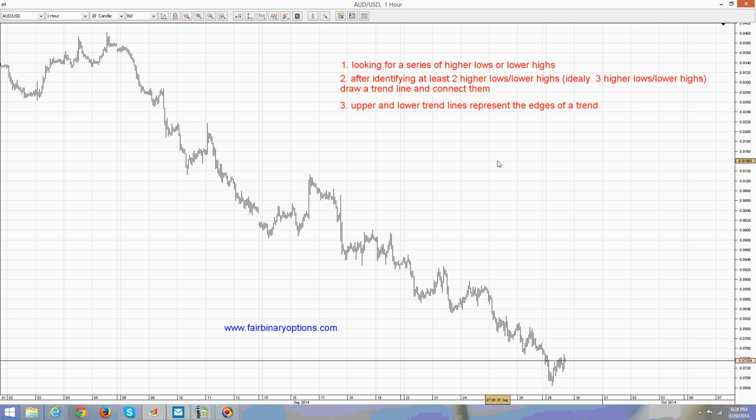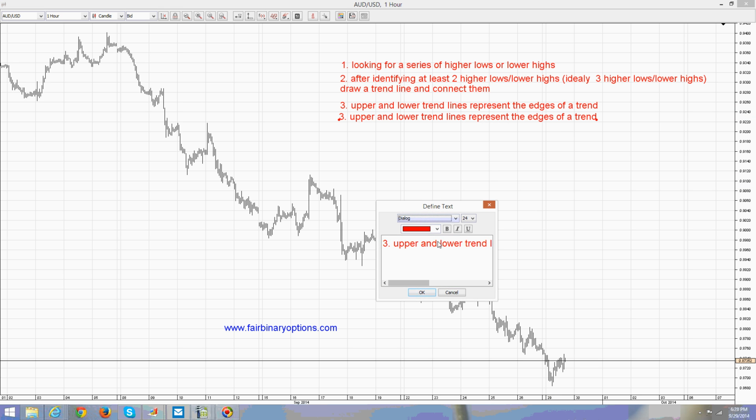Now, on the next or the second part of this project, I would like to discuss this Australian dollar, US dollar. What are the prerequisites of a trend, and how to trade it actually here when the trend is ending?